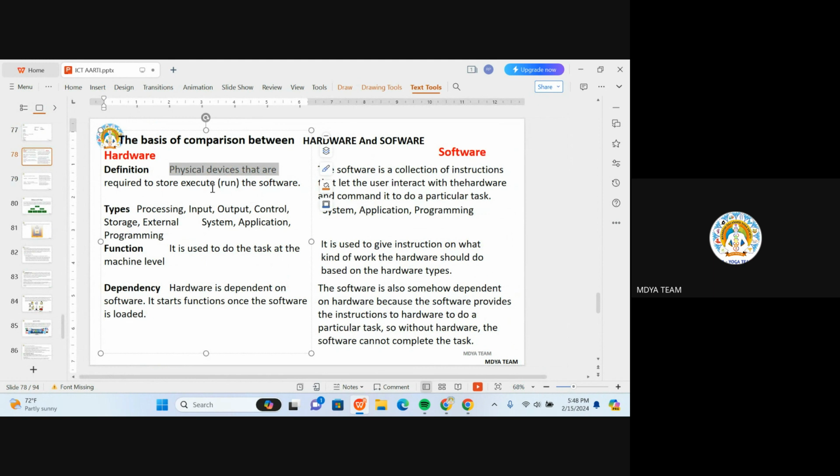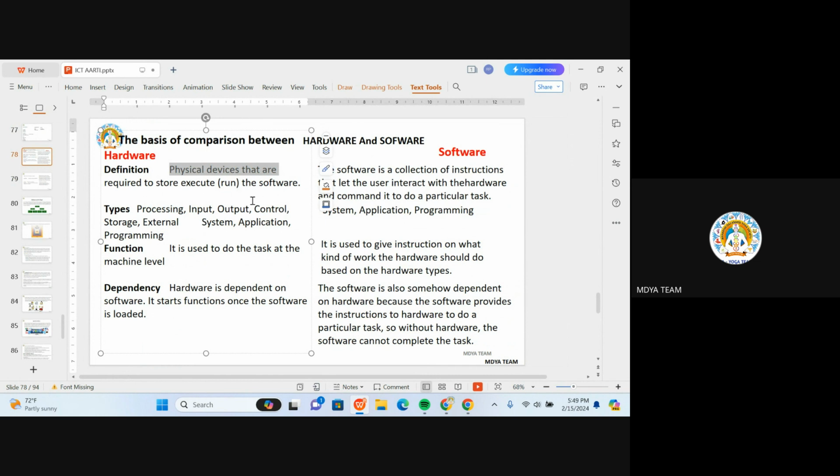Physical devices mean we can touch and see them. These devices are called hardware, where we can store the data and execute the software, because my data is in software form, but I need hardware to execute it.